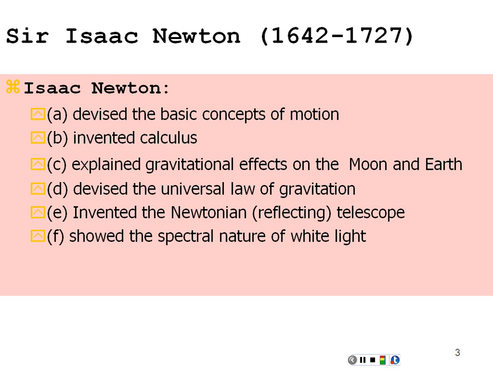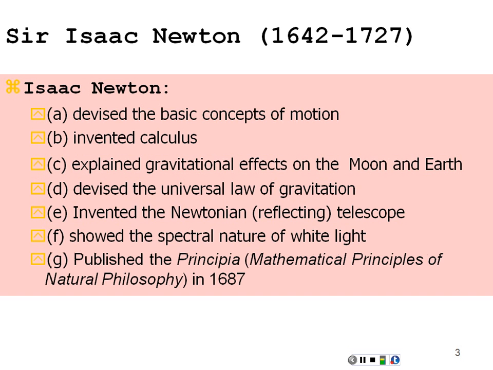Showed the spectral nature of white light, that white light was composed of many colors, many frequencies. All this was published in one grand book called the Principia, Mathematical Principles of Natural Philosophy.